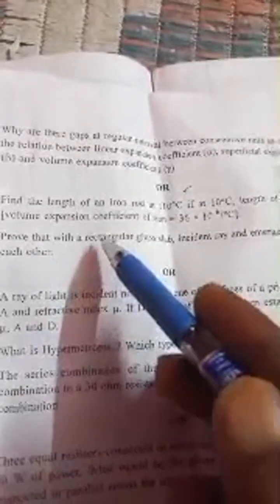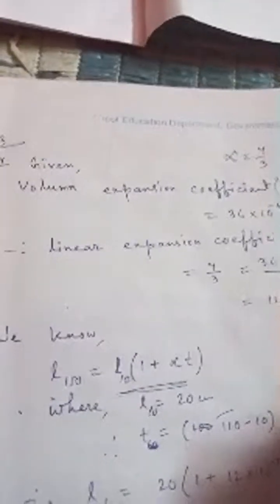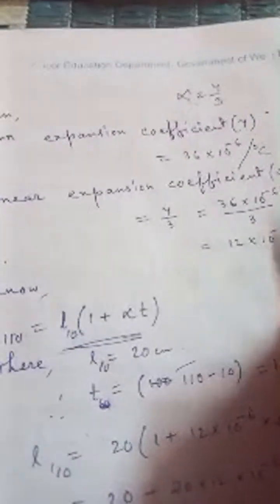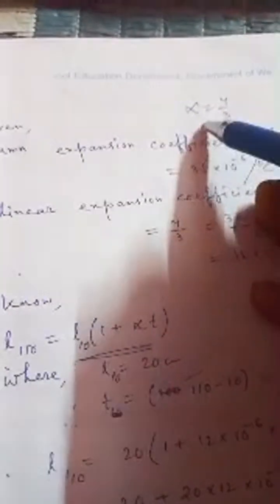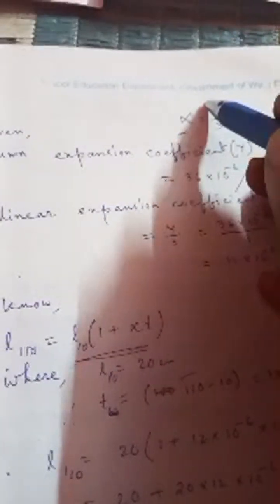So we don't need the volume expansion coefficient, but we need the linear expansion coefficient, and we need the relation. What is the relation between the volume expansion coefficient and the linear expansion coefficient? If alpha is the linear expansion coefficient and gamma is the volume expansion coefficient, then alpha is equal to gamma by 3.